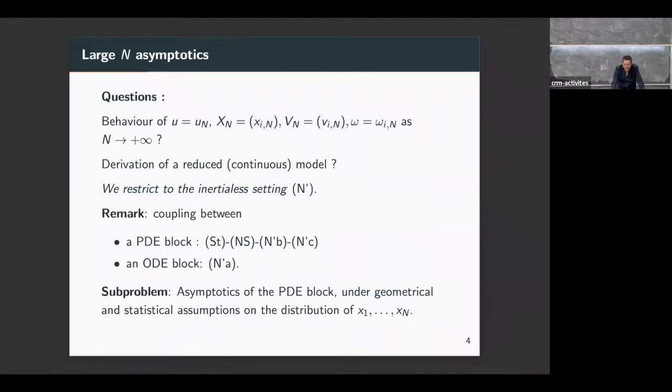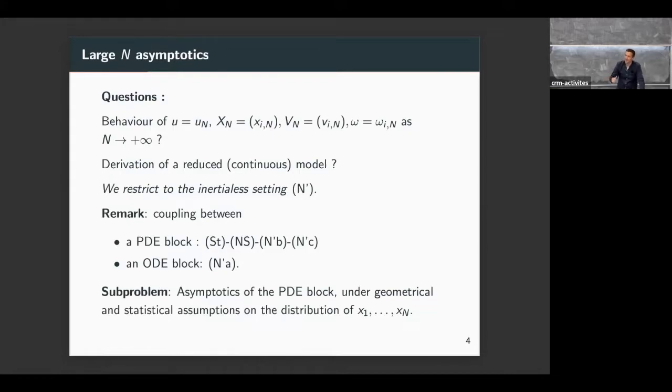So if you are in this setting, you can think of this whole model as the coupling of two blocks. So you have the PDE block, made of the Stokes equation, the no-slip condition, and the balance of forces and torques. And then you have the ODE x prime equal v. Okay, so of course they are coupled.